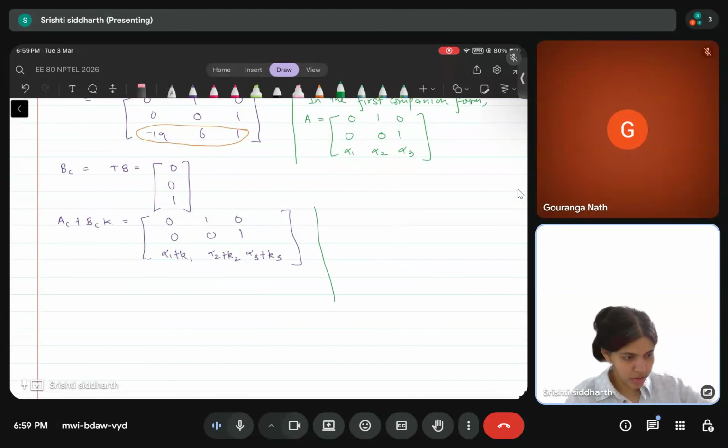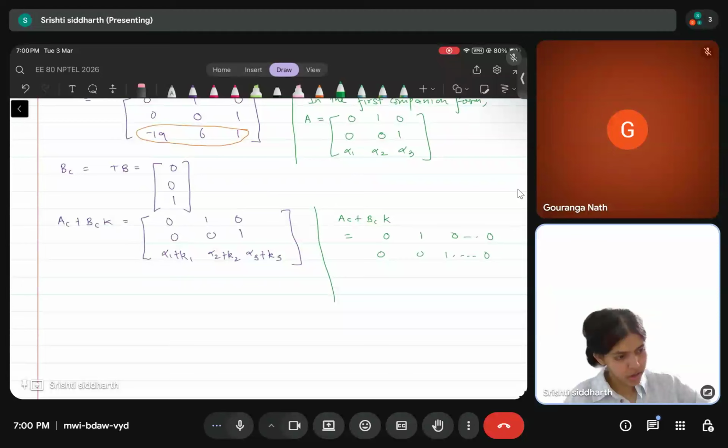For any nth order system transformed to the first companion form, we simply get the closed loop matrix with the last row alpha 1 plus K1, alpha 2 plus K2, till alpha n plus Kn.